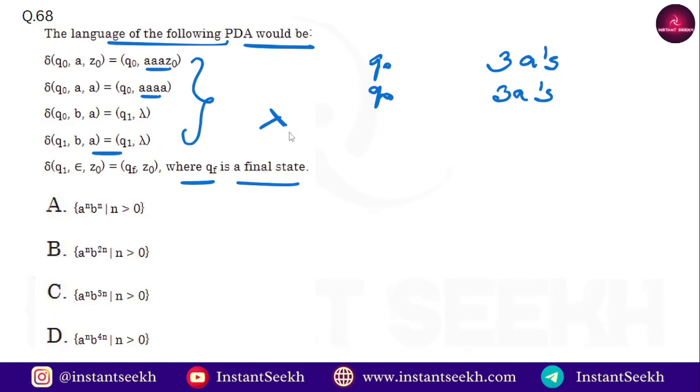Now the last one: Q1 reaches empty input with Z0 on the stack. It transitions to QF and empties the stack.